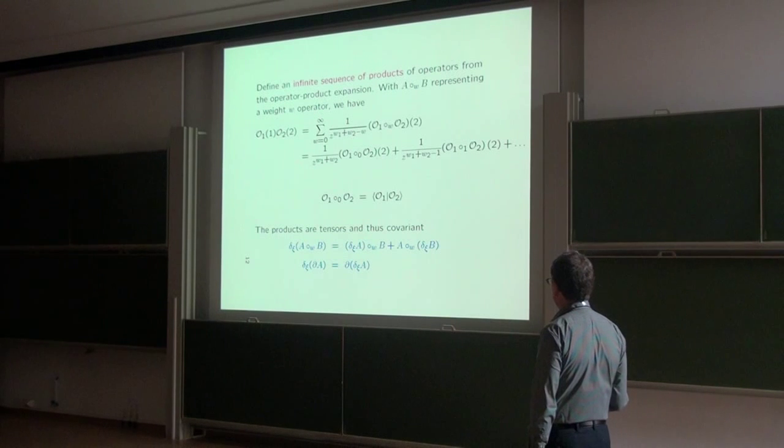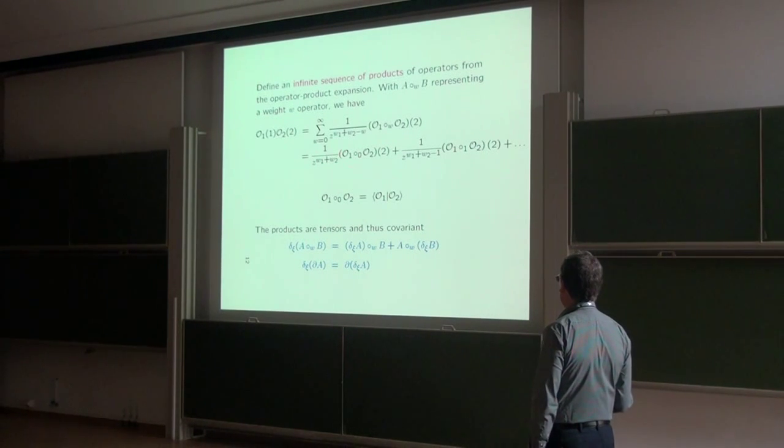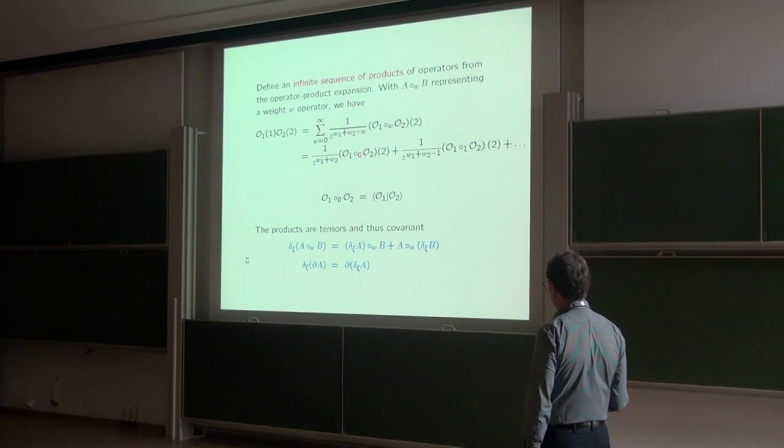So for example here, if you have two operators over here, the leading term in the OPE will have the sum of the weights and will be multiplied by an operator of weight 0, which is a product of weight 0 of these two operators.